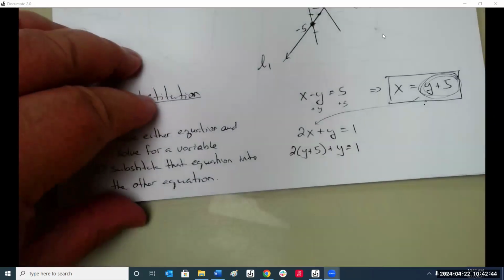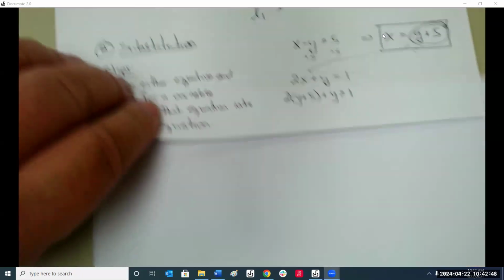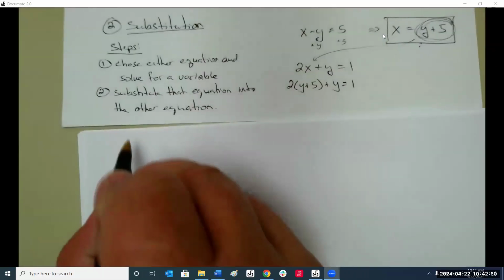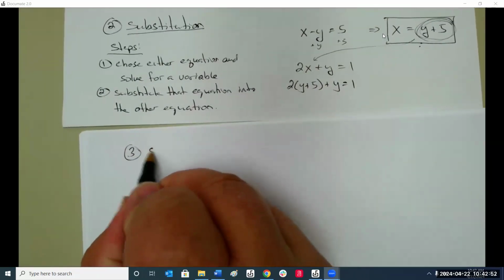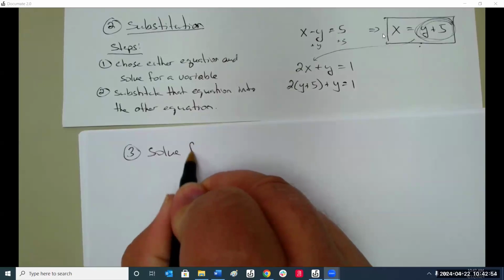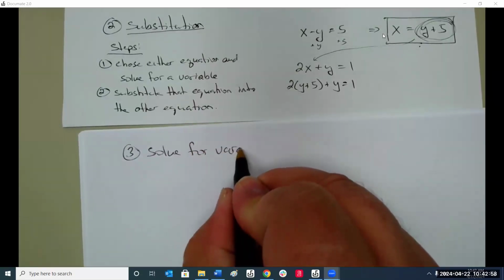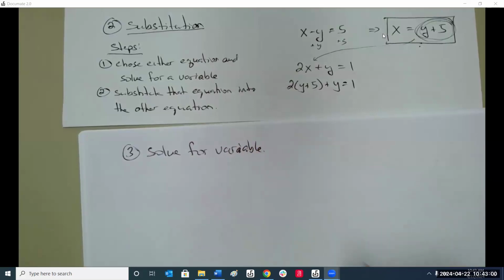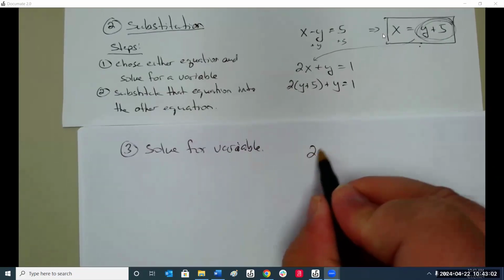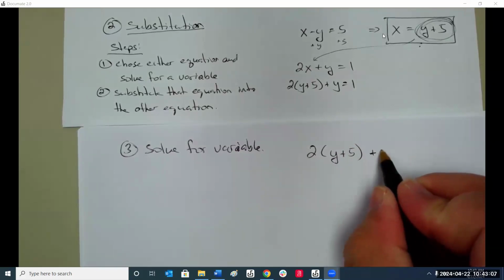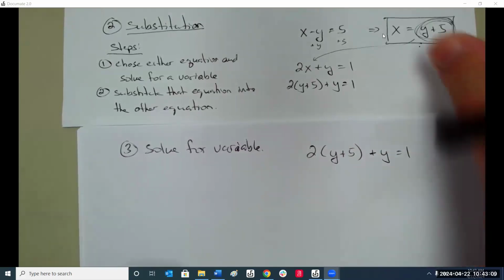The third step is going to be solve for the remaining variable. So we have 2 times (y plus 5) plus y equals 1.